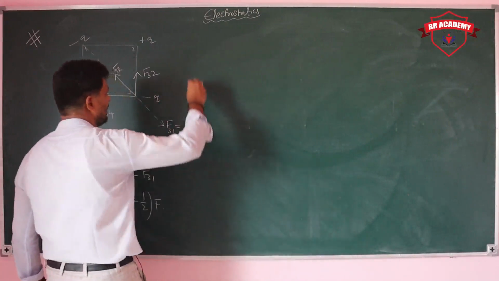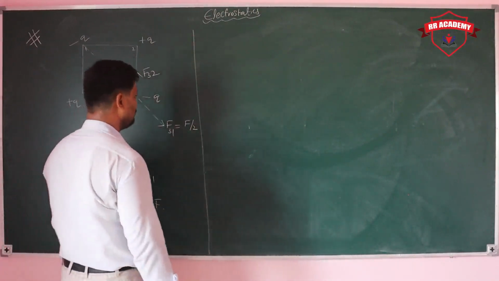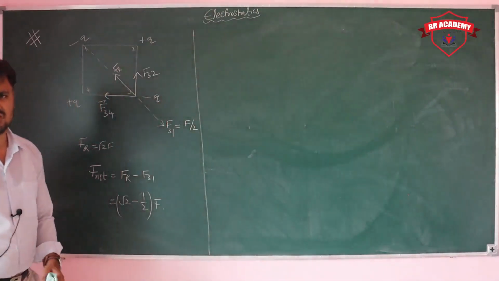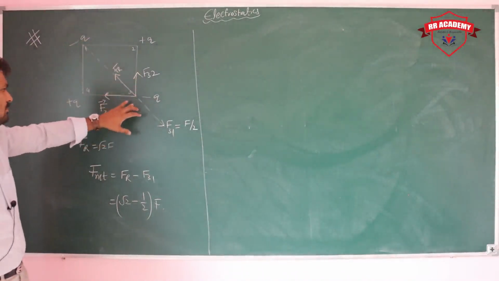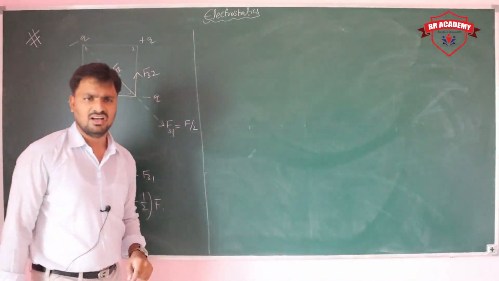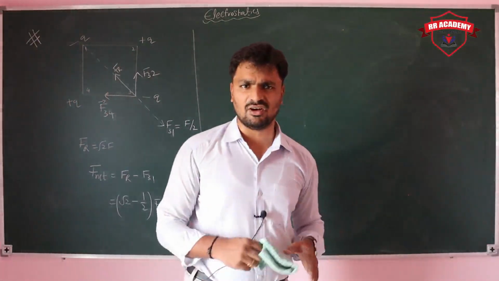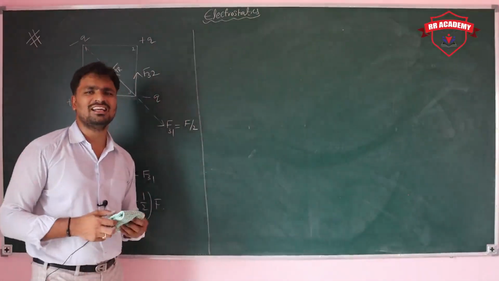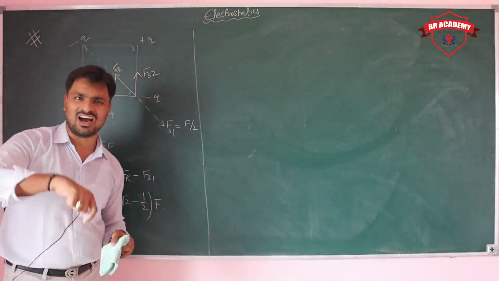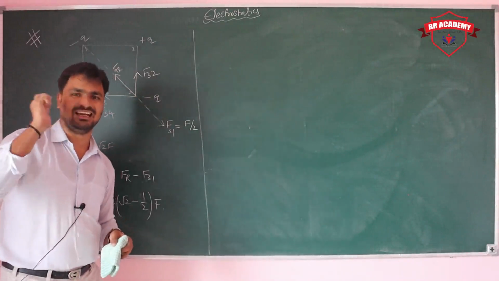Okay, let's see, we are taking one more problem. Up to now, what we discussed: 4 charges placed at the 4 corners, as well as charges placed at 3 corners. Now we'll see what is the force acting on a charge placed at the center.